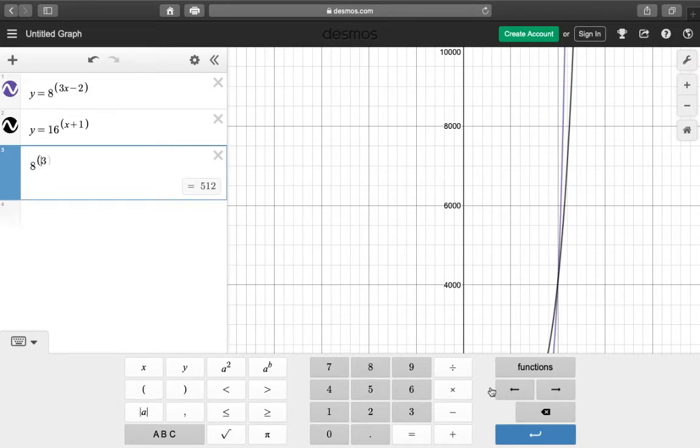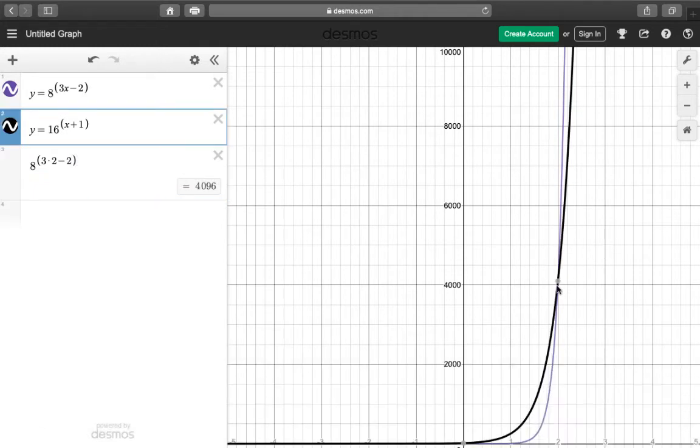So I've got 3 times 2 minus 2, and there we've got 4096. And that was the y value that we saw here. So it's nice to know where that's coming from.